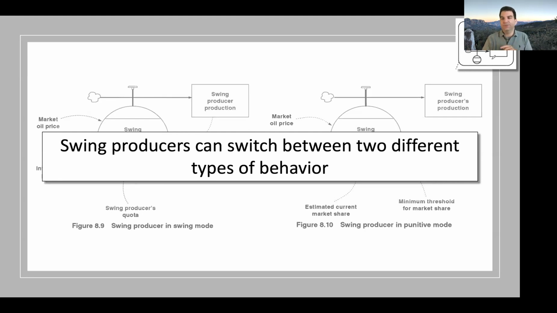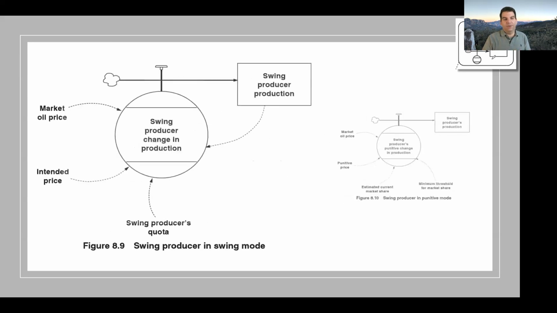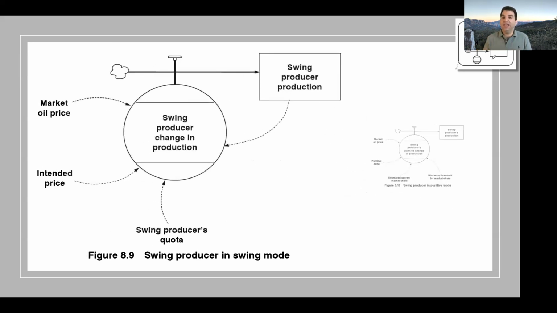And they can choose to switch between two types of behavior, as I already mentioned before. There's the swing mode, and in the swing mode, they basically have an intended price. This is like the thermostat, this is the price they want the world oil price to be at. And they then watch the real price, and then they look at the gap between the two.